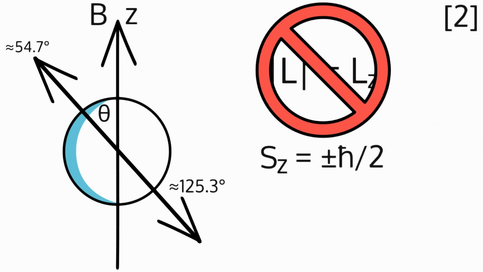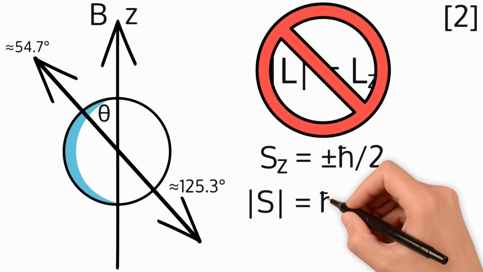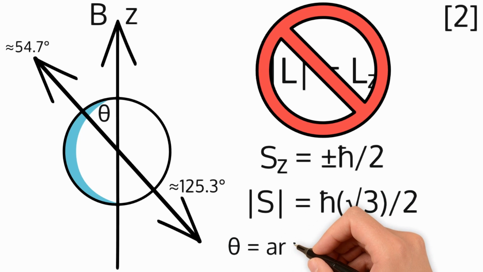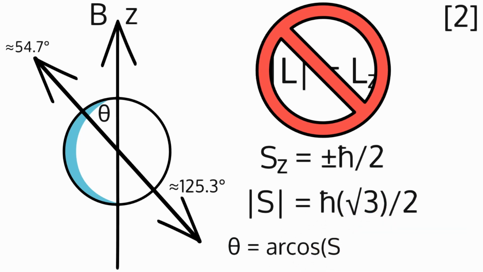We also know that the total spin for a spin-half particle is √3/2 ħ, so doing simple trigonometry leads to θ equals arccos(1/√3), which is roughly 54.7 degrees. This means that all protons will precess at the Larmor frequency when the external magnetic field is applied.